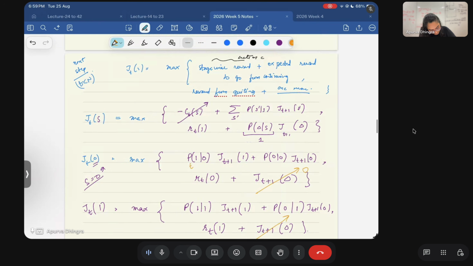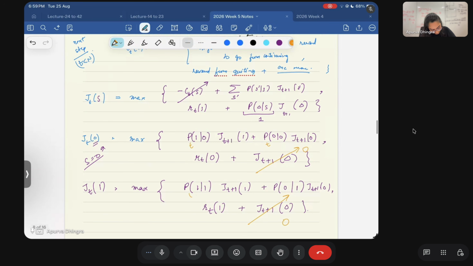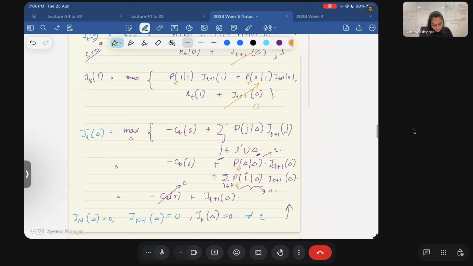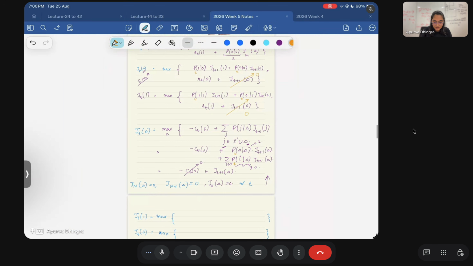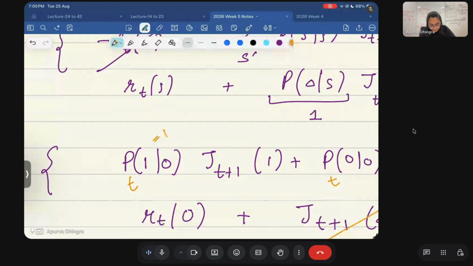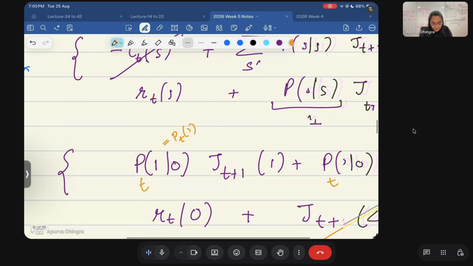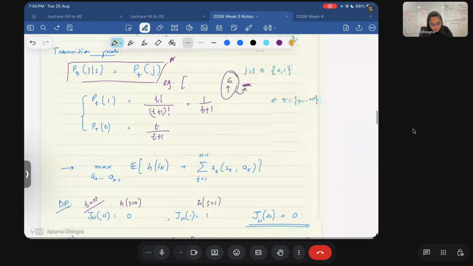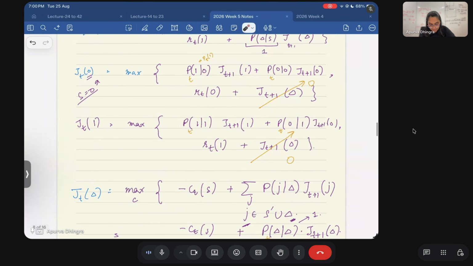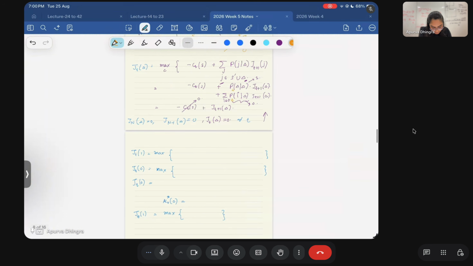This should be something that depends on t. Yeah, sure, here it won't matter. That part of the argument does not change. So when we're talking about the state 1, this is just pt of 1, and pt of 1 is 1 by t plus 1.